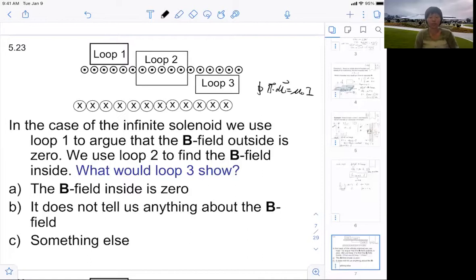Even if loop 3 is not very useful for finding the exact expression for B, it should not give you any results conflicting with what is correct.